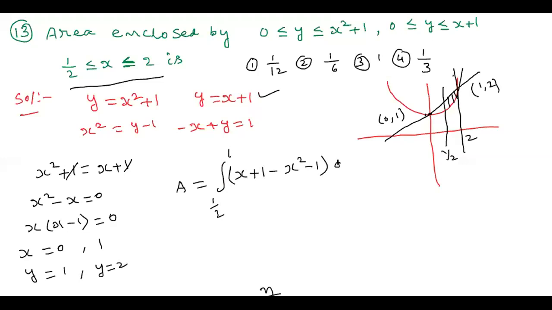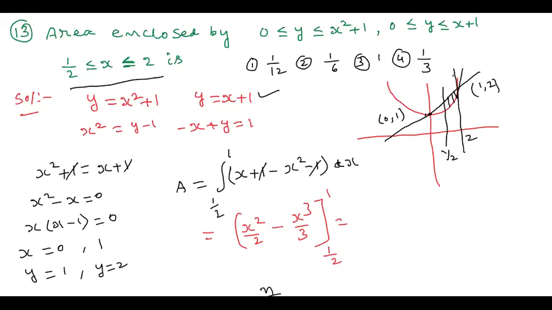Here observe that plus 1 minus 1 cancels. Then for the remaining we do the calculation. Integration of x dx is x square by 2 minus integration of x square, x cube divided by 3, with limits 1 by 2 to 1.